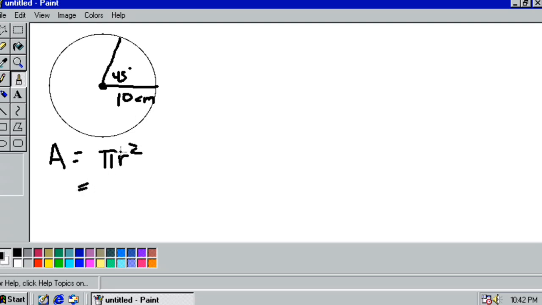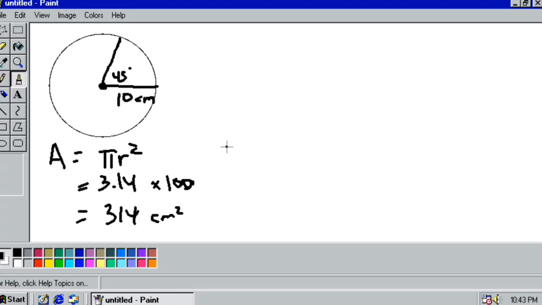So our radius is 10, and we multiply it by another 10 since it is squared. So 3.14 times 100 is 314 centimeters squared.